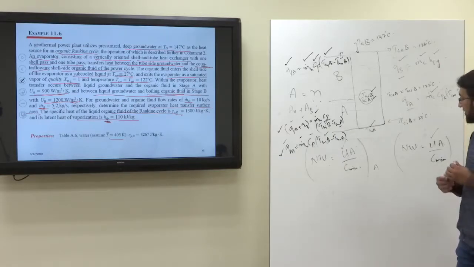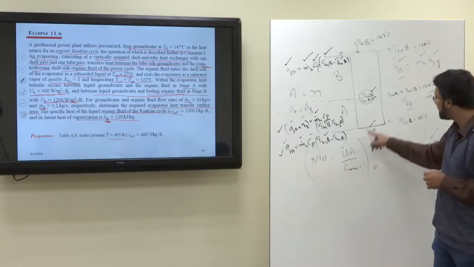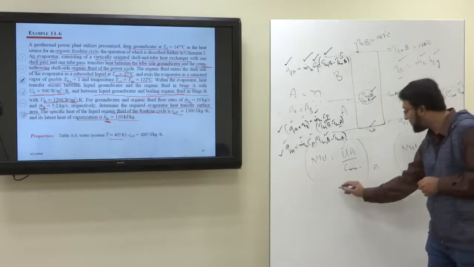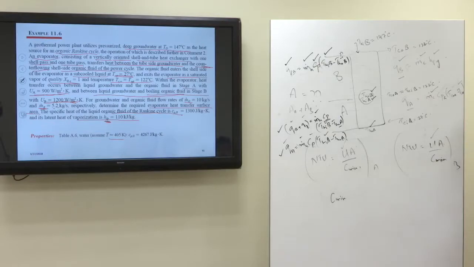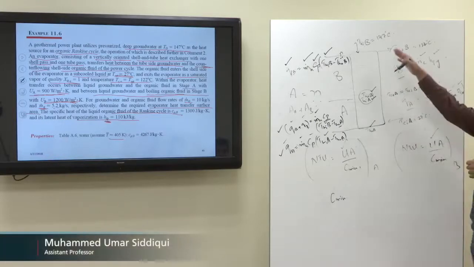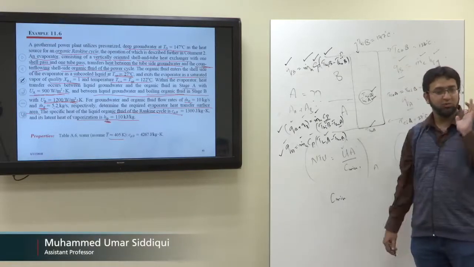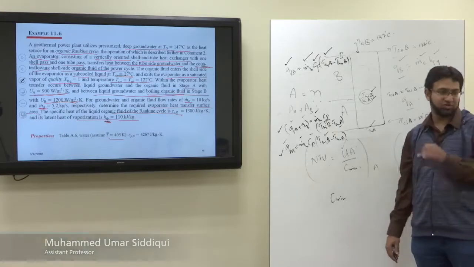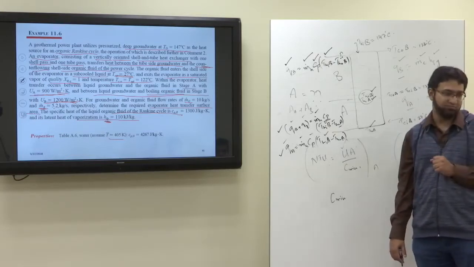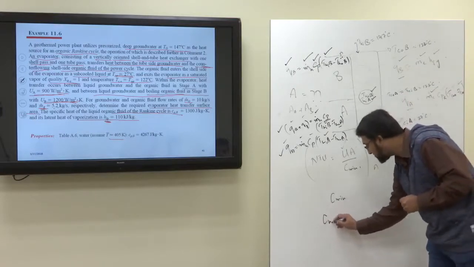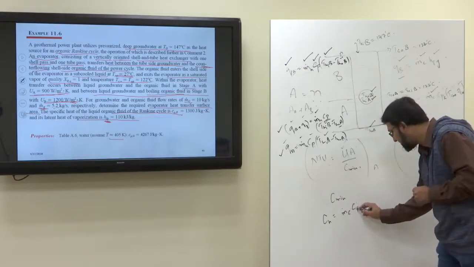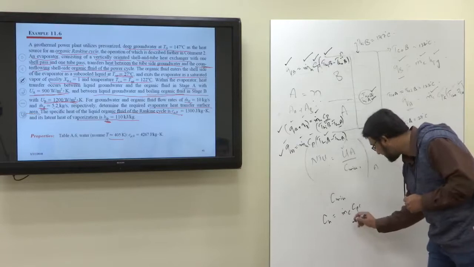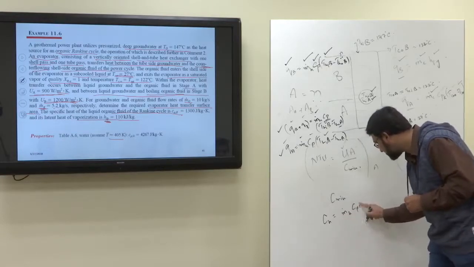Okay. Now C minimum will be what? Let's talk about section A. For section A, C minimum will be what? Now in section A, both are liquid. Your Rankine fluid is also liquid and your hot fluid, groundwater fluid is also liquid. So you have to calculate C for hot side as well as for cold side and then see which one is the minimum. Okay, so C for hot side will be what? M dot H CPH.